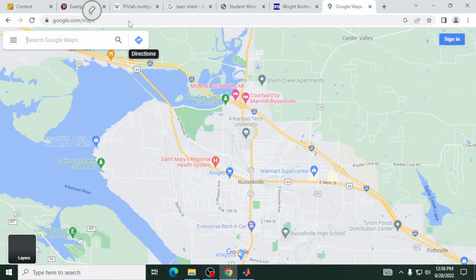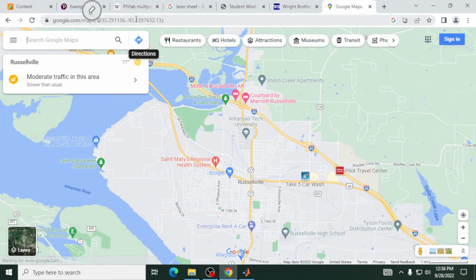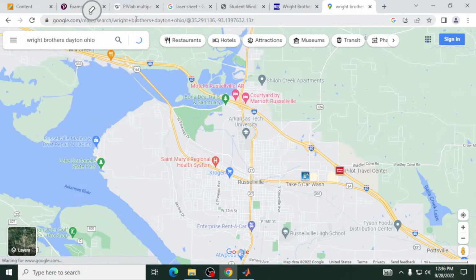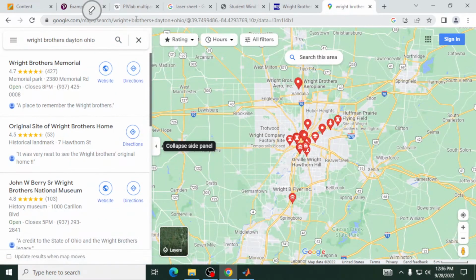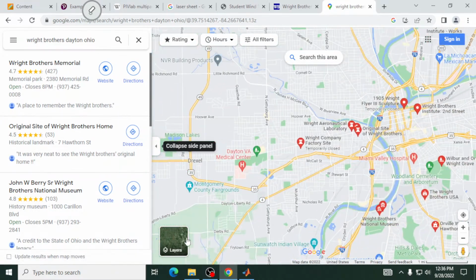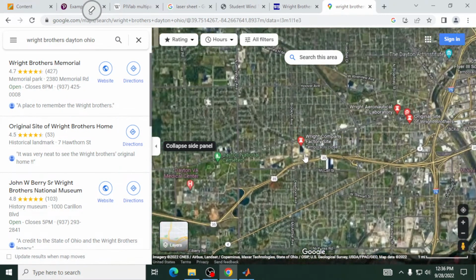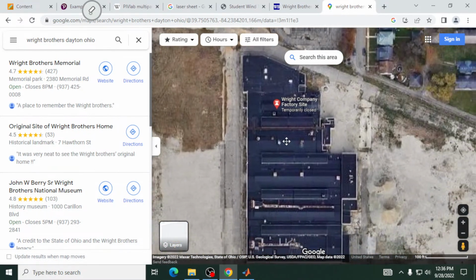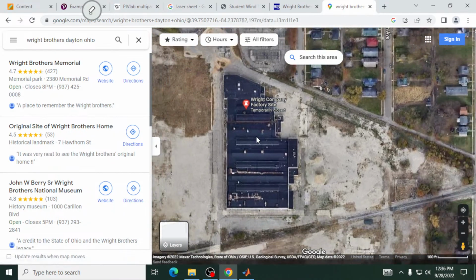Okay, now let's do. That might be a little easier to see. So that's not the one.